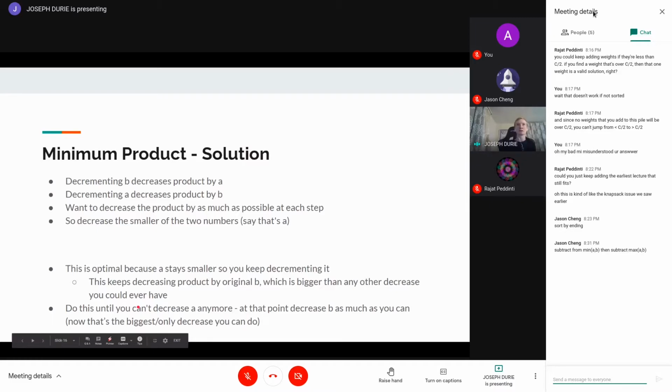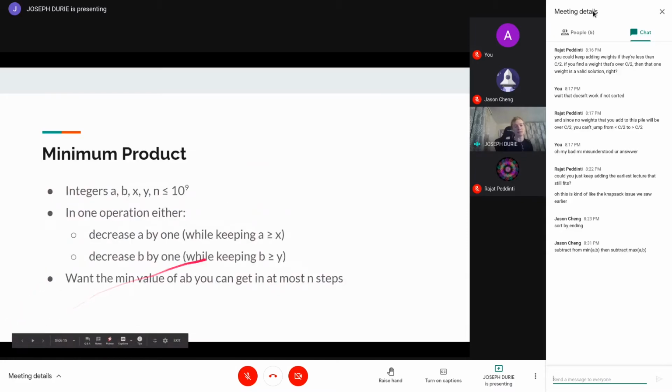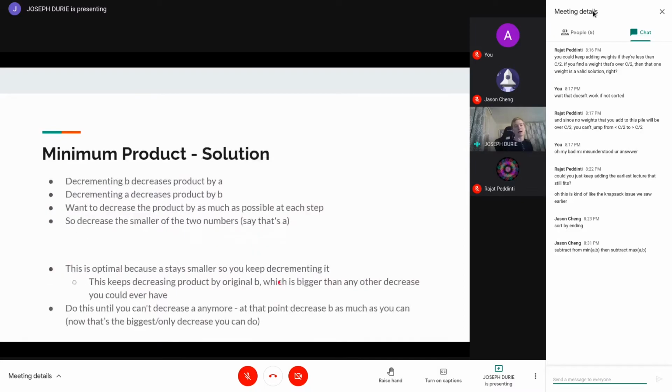And then the one edge case for this is that we do have to keep A greater than or equal to X, B greater than or equal to Y. So once B hits Y, then your only option is to decrease A. And that's optimal from that point forward, because that's your only option at that point.